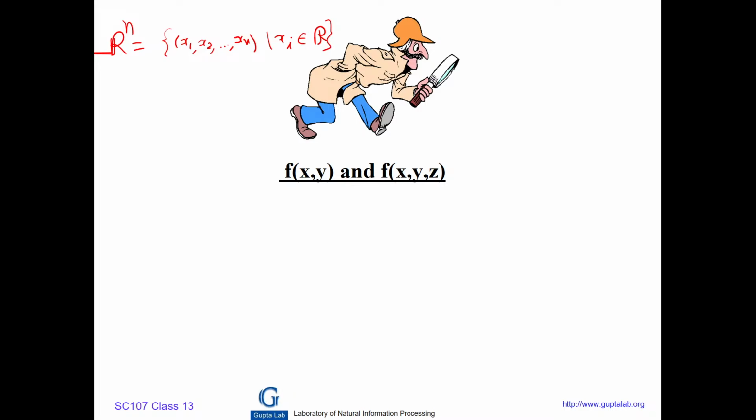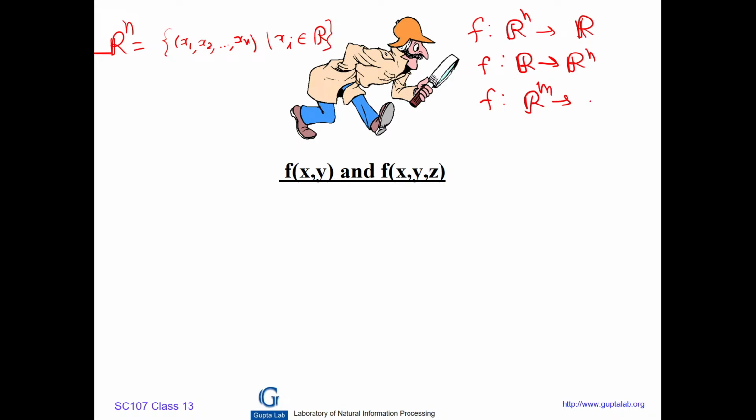Okay, so there are different ways we can define calculus. One way could be we look at functions from Rn to R, functions from R to Rn, functions from Rm to Rn.